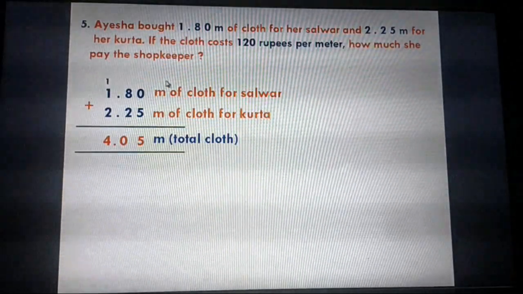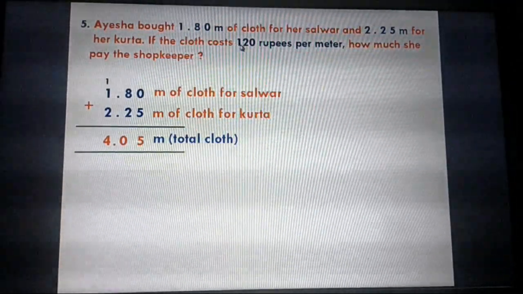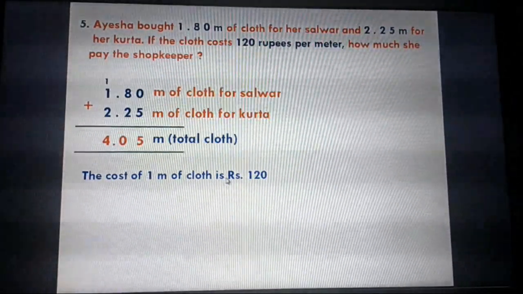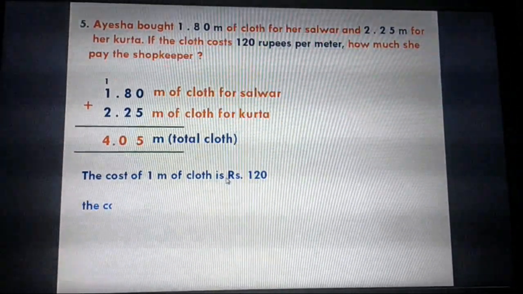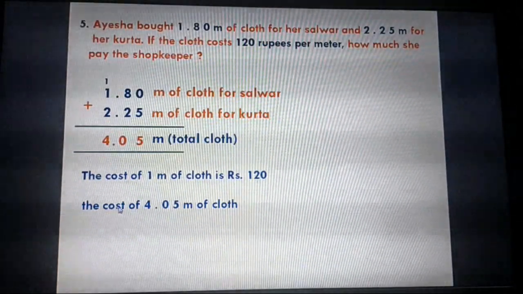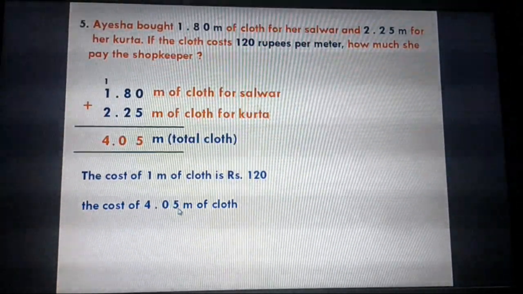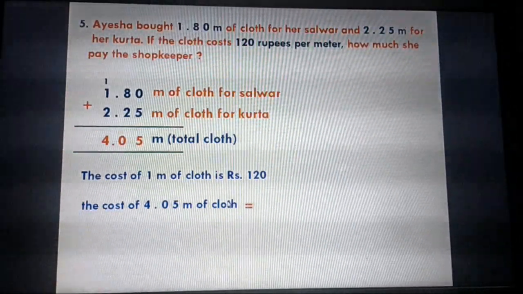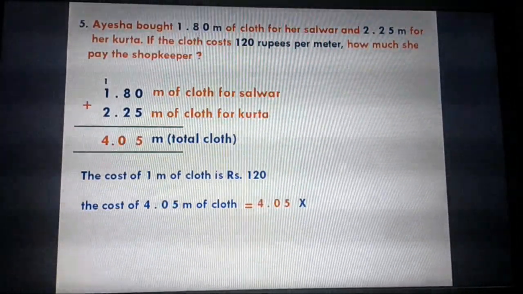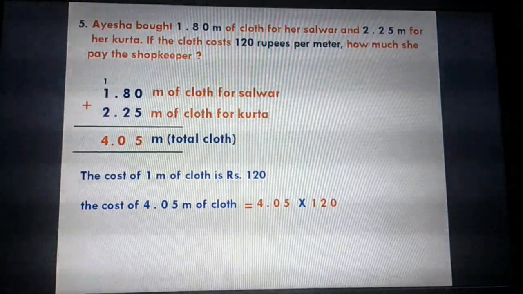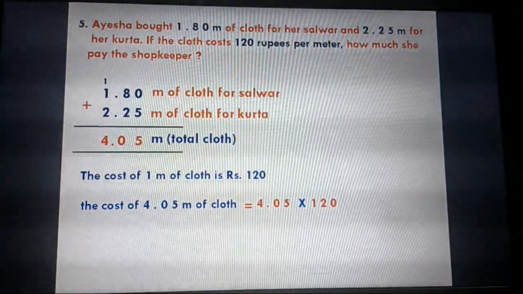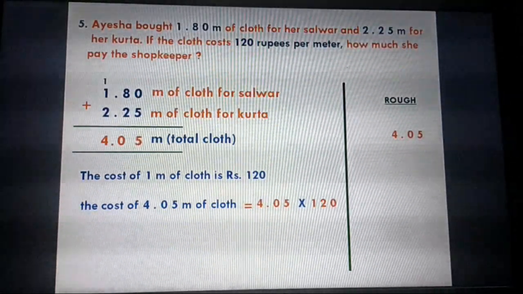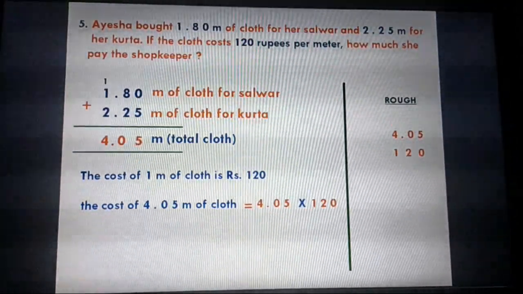Right? Now see, the rate of the cloth is given. The cost of 1 meter of cloth is rupees 120. Therefore, the cost of 4.05 meter of cloth we will calculate as 4.05 multiplied by 120. So we will do the rough part. 4.05 multiplying with 120.